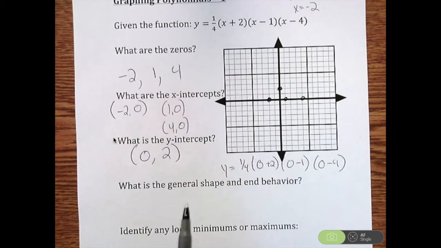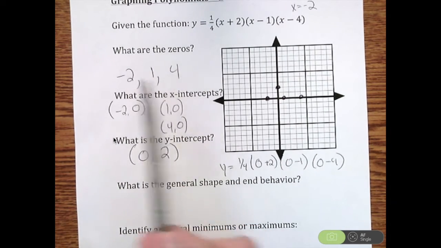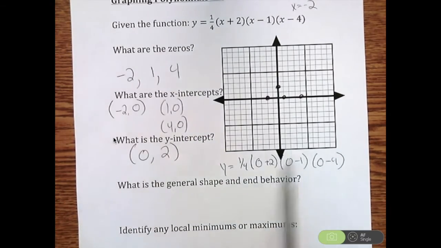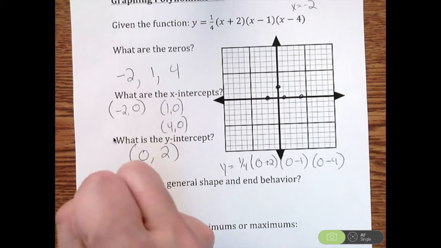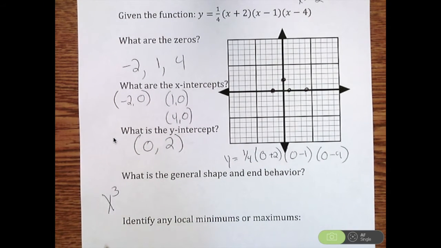All right. Next, it says, what is the general shape and end behavior? Now, how we know the general shape has a lot to do with the zeros. So we had 3 zeros. So what that tells you is the degree of this function is going to be 3, meaning the highest power of x is going to be x to the third.